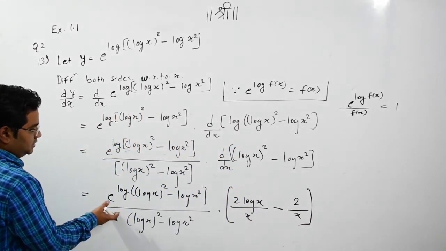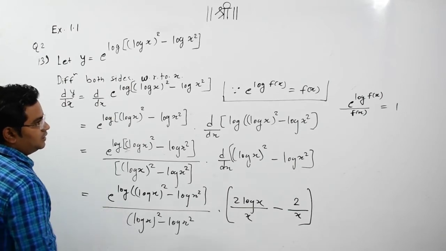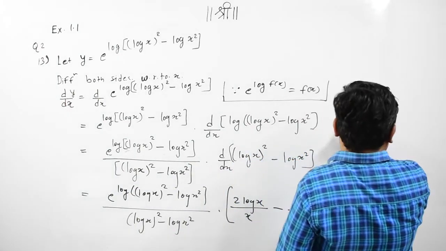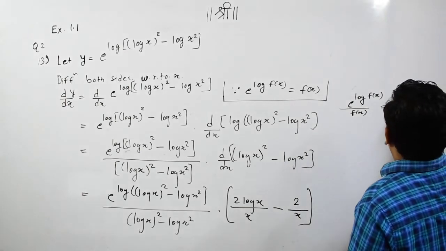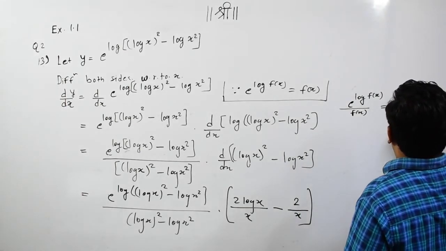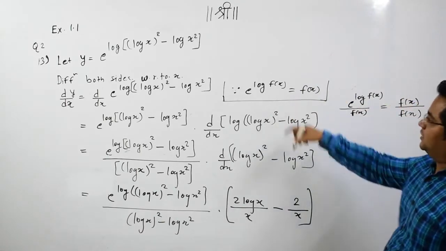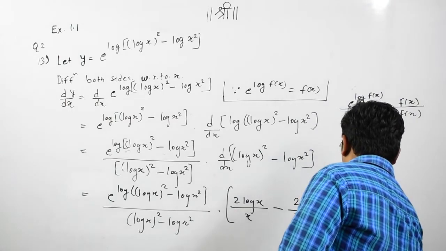But what about this, sir? This should be equal to 1, and only 1 when using this formula. Using this formula, what is that? f of x divided by f of x, because this is equal to f of x as per this formula. So that's how we can have this equal to 1.